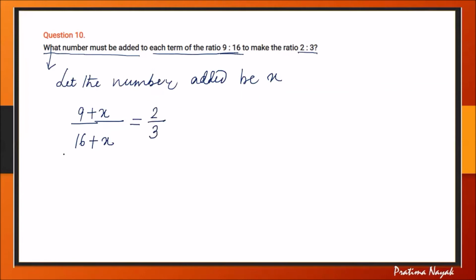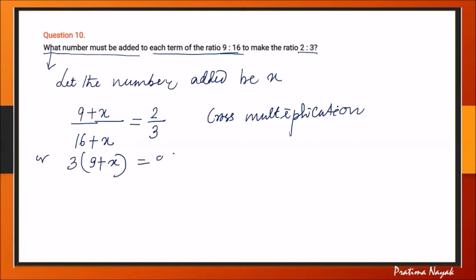2 is to 3. Now how to solve it? We'll apply cross multiplication. What is it? In the cross multiplication method, 3 will be multiplied with 9 plus x and 2 will be multiplied with 16 plus x.